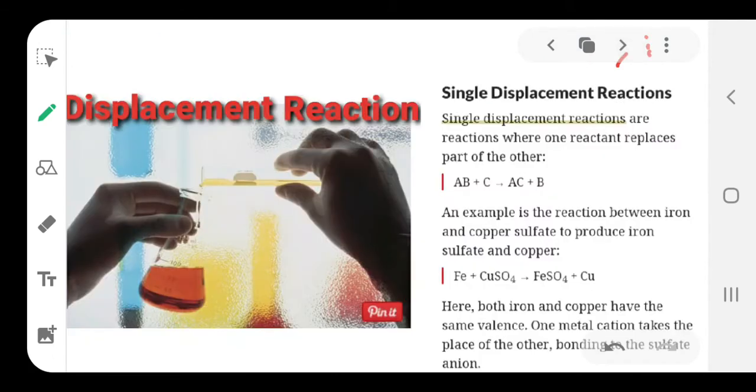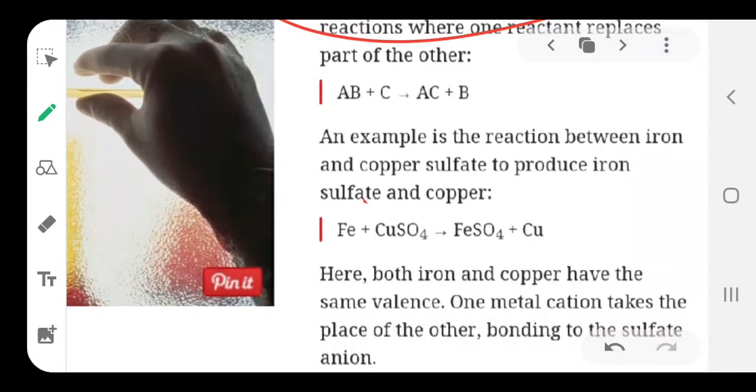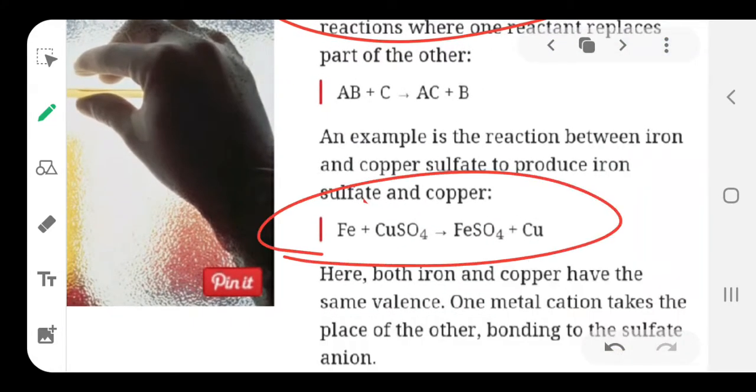And continue with it. As I have told you, displacement reaction. We have a number of types. Just now we have done a single displacement reaction in which we only talk about a single element. Say for example, in this equation you can see the reaction with iron and copper sulfate.